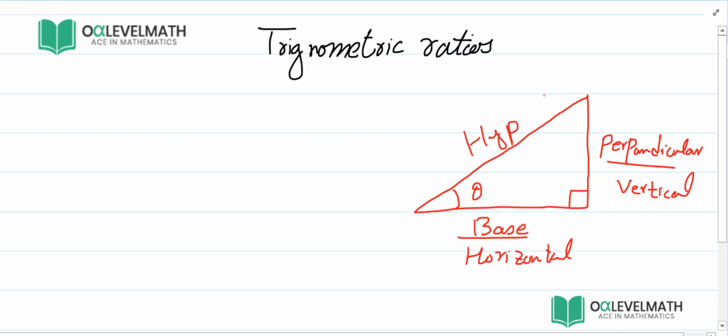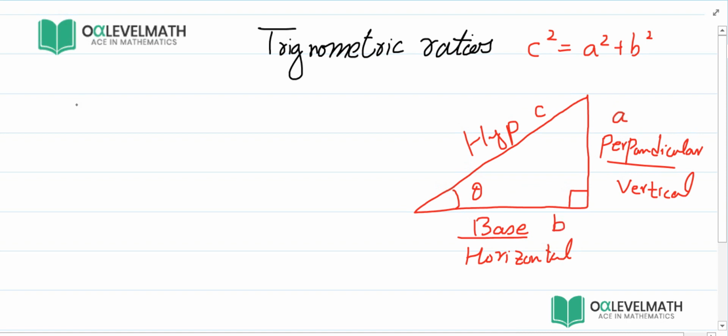We all know about the Pythagoras theorem, which says that c square is equal to a square plus b square, where c is the hypotenuse, a is the perpendicular, and b is the base.